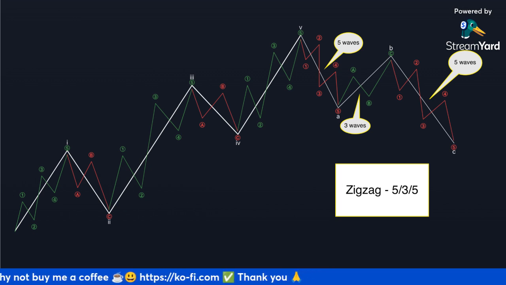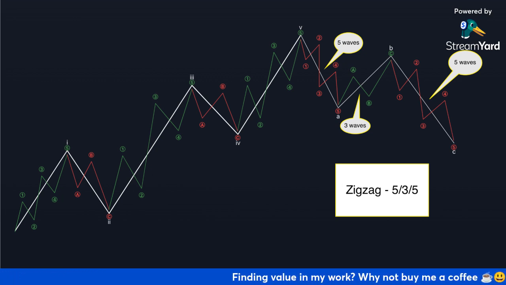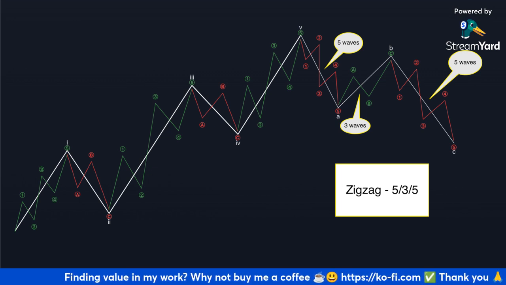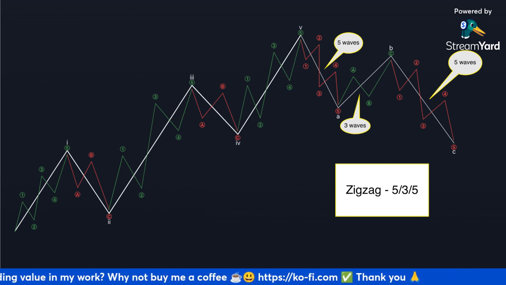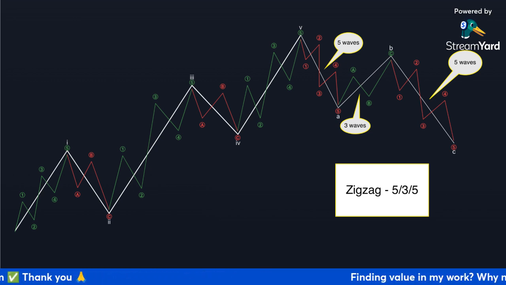So if you think you are completing a 5-wave move up, you're going to be looking for a 3-wave pullback. Your first clue is, does this first leg down unfold in 5 waves or 3 waves? Because that's going to help you discern what may happen next. In this example, it's a zigzag.